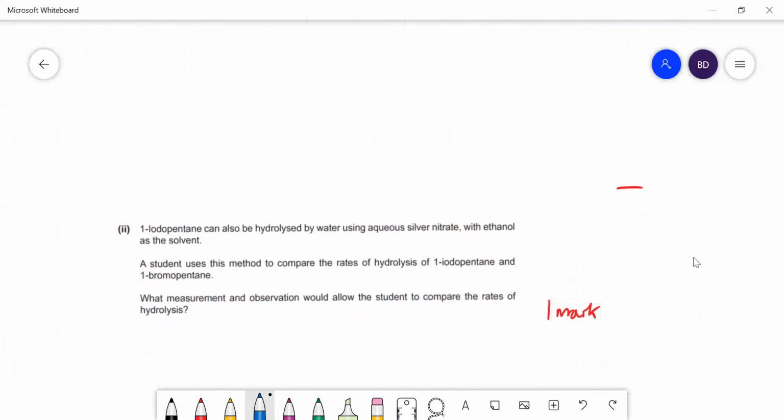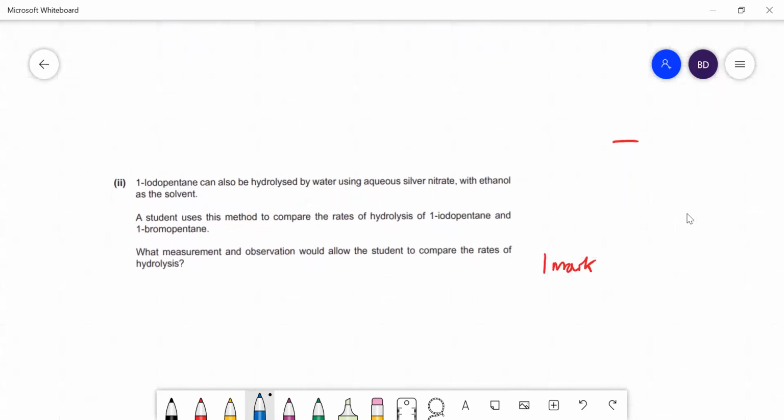1-iodopentane can be hydrolyzed by water using aqueous silver nitrate with ethanol as the solvent. A student uses this method to compare the rate of hydrolysis of iodopentane and 1-bromopentane. What measurement and observation would allow the student to compare the rates of hydrolysis? Well, when you hydrolyze iodopentane, you get I minus produced, and that is going to react with the silver ions in solution to give a precipitate of AgI.